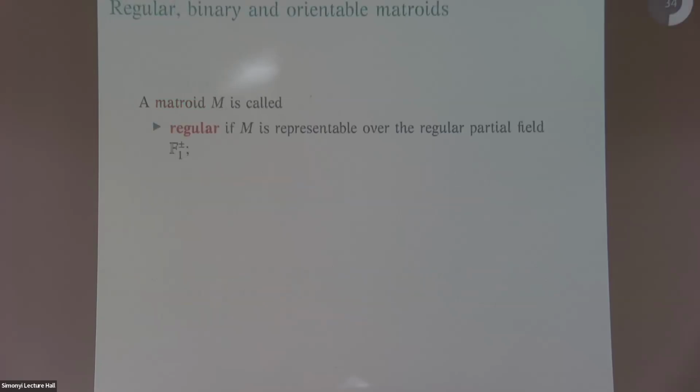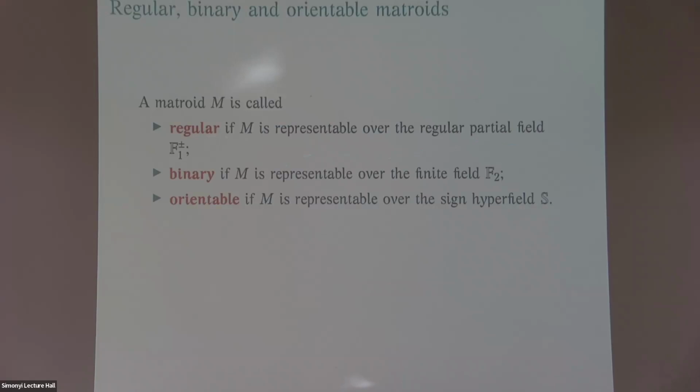So here are some further definitions. If we have a matroid M, we call it regular if it's representable over the regular partial field. That's equivalent to the usual notion of regular. A matroid is called binary if it's representable over the finite field F2. And as I said before, this is equivalent to the usual notion.